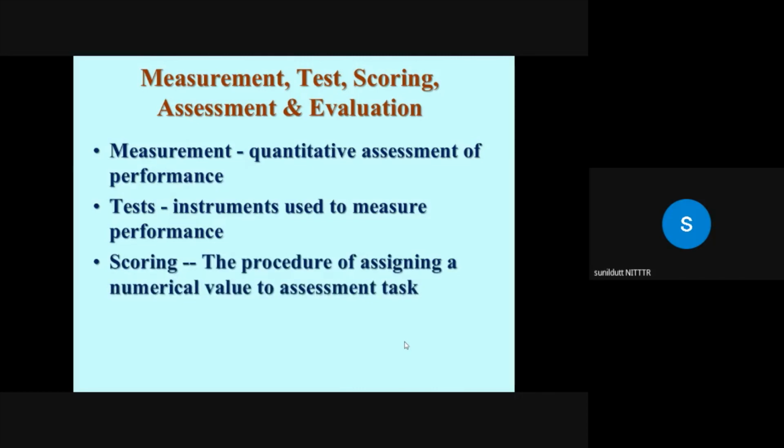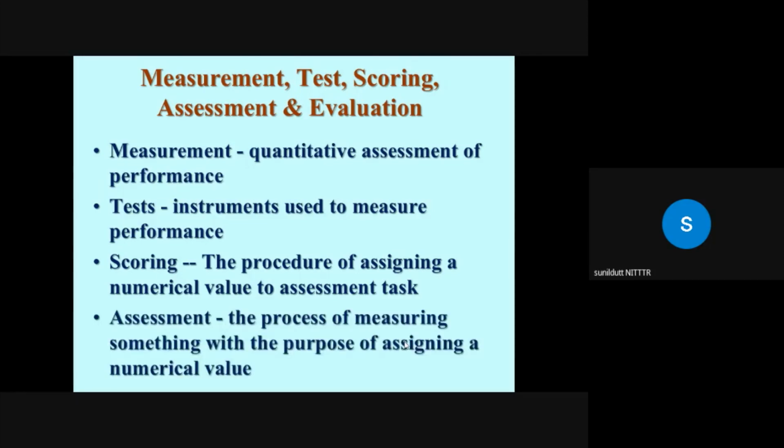Scoring is the procedure of assigning a numerical value to the assessment task. And assessment is a process of collecting information for decision making on certain issues which are related to the students who are being assessed.